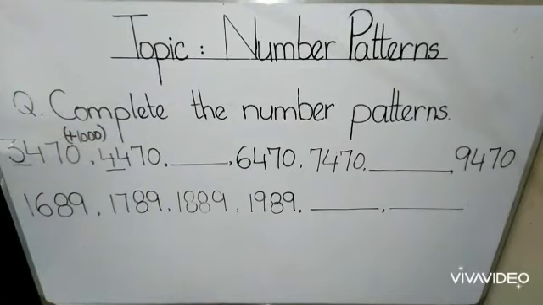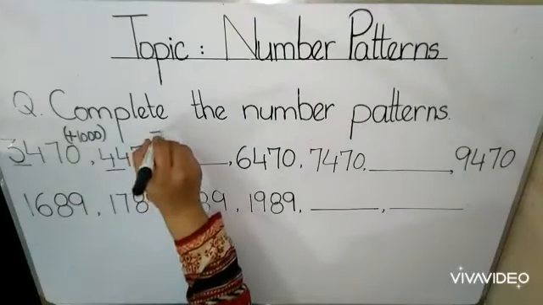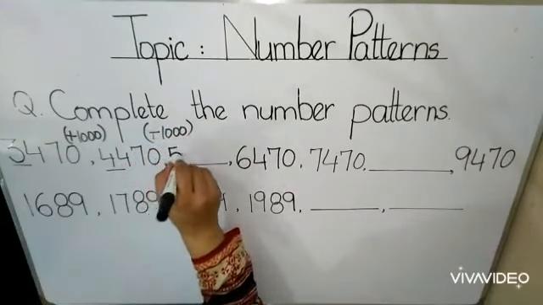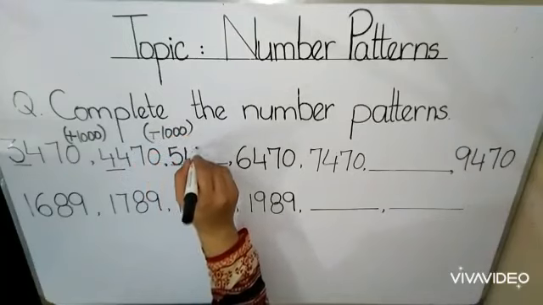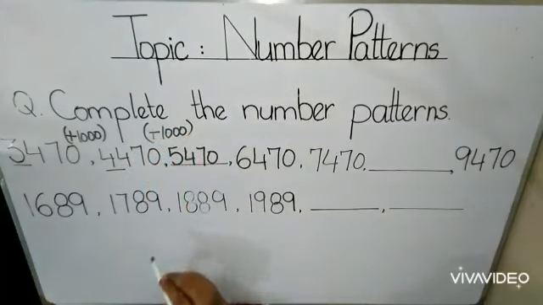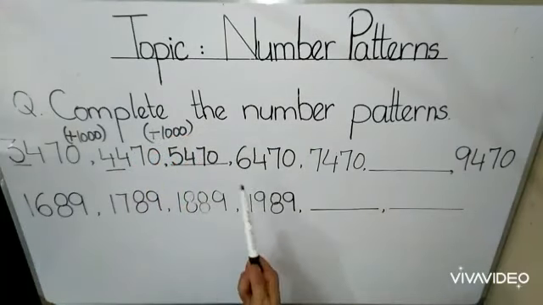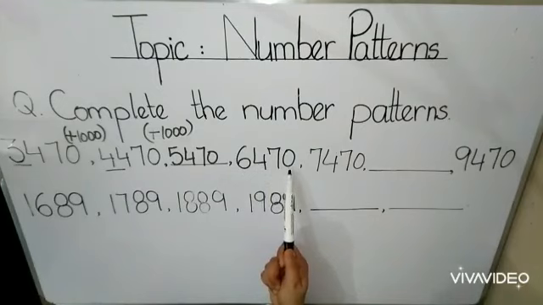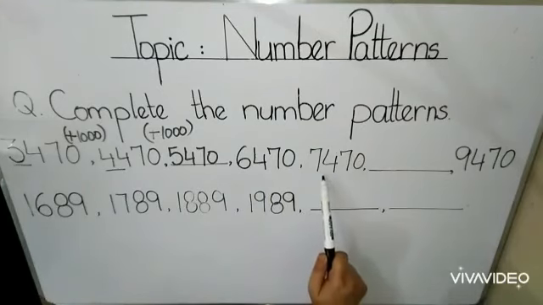In the same pattern, if we increase 4470 by 1000, our next blank would become 5470. Here also, when we increase by 1000, it becomes 6470, 7470.